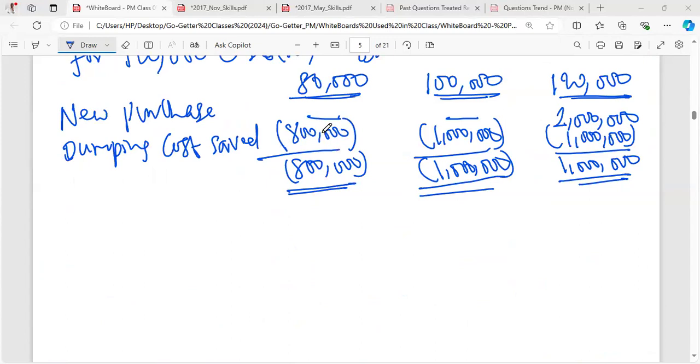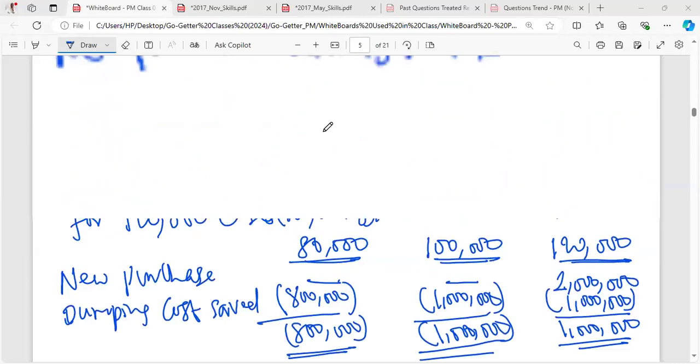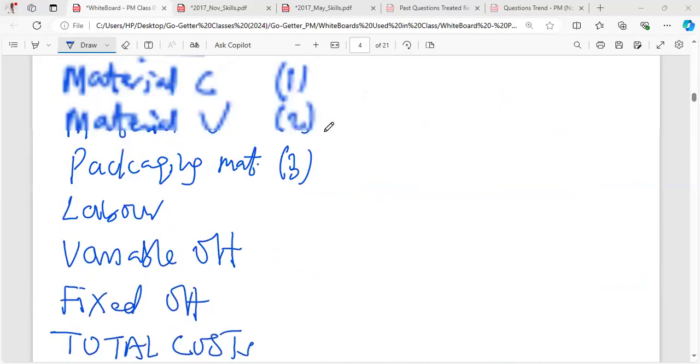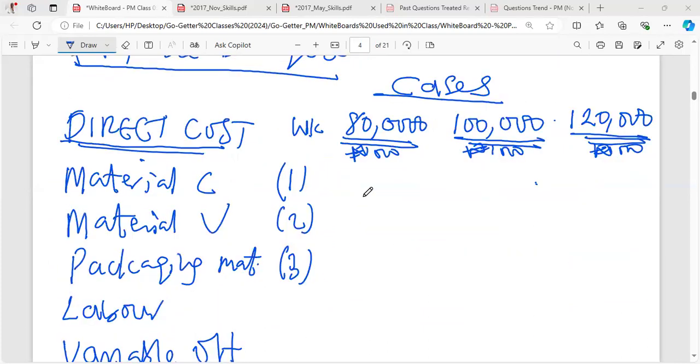It means we'll still spend 200,000. But the 200,000 we are going to spend is not relevant here. The 800,000 we are saving is relevant to this number of cases. And so that was what we are going to use here.